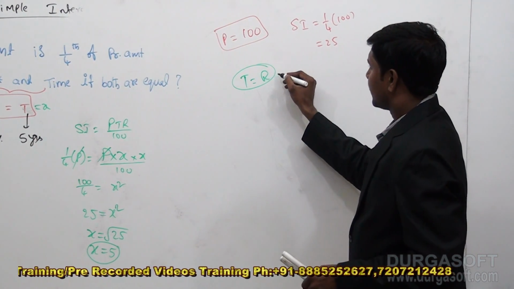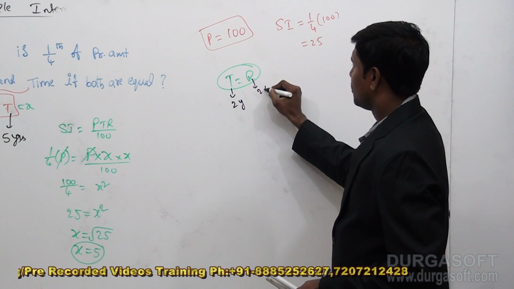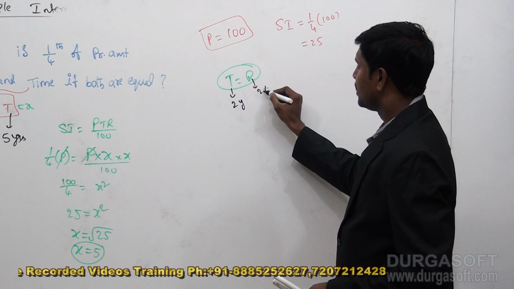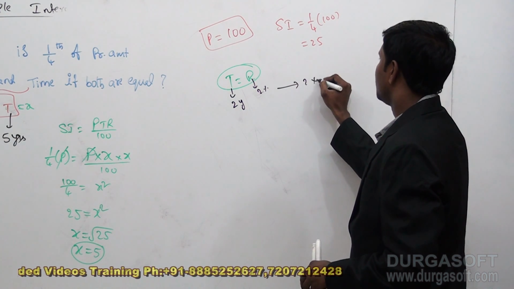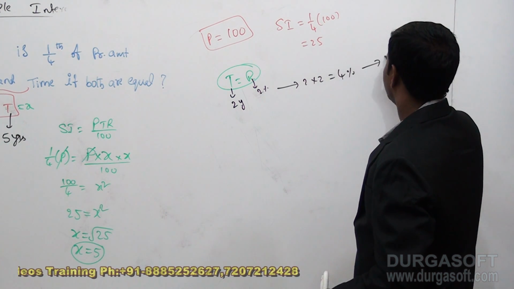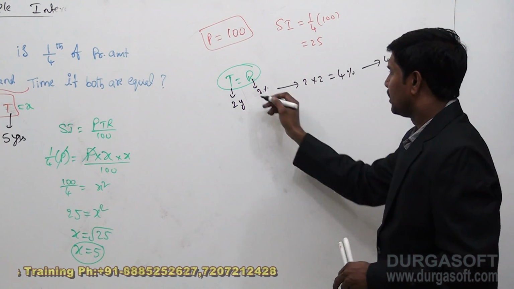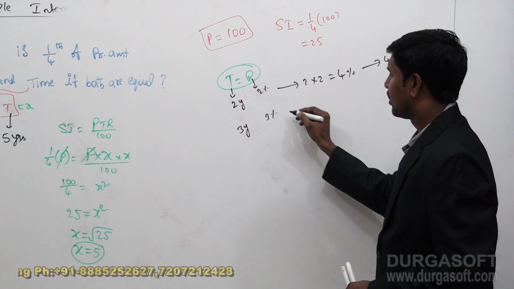Suppose I take this value as 2 years, obviously it is 2%. For 2 years at 2%, 1 year is 2%, so 2 years totally is 2 into 2, 4%. So 4% of 100 is 4, which is not the same. Suppose I take 3 years and 3%, because these two are the same.